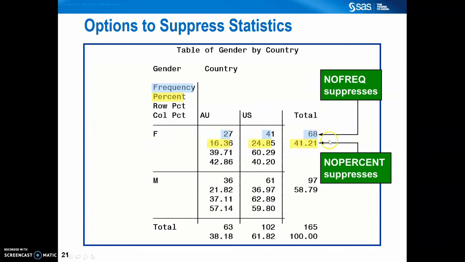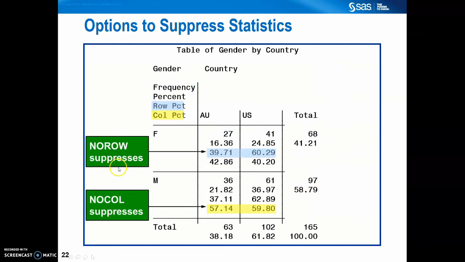And NOPERCENT will suppress the information on the second row here. This is for NOROW, which will remove the third row, and NOCOL will remove the information on the fourth row.